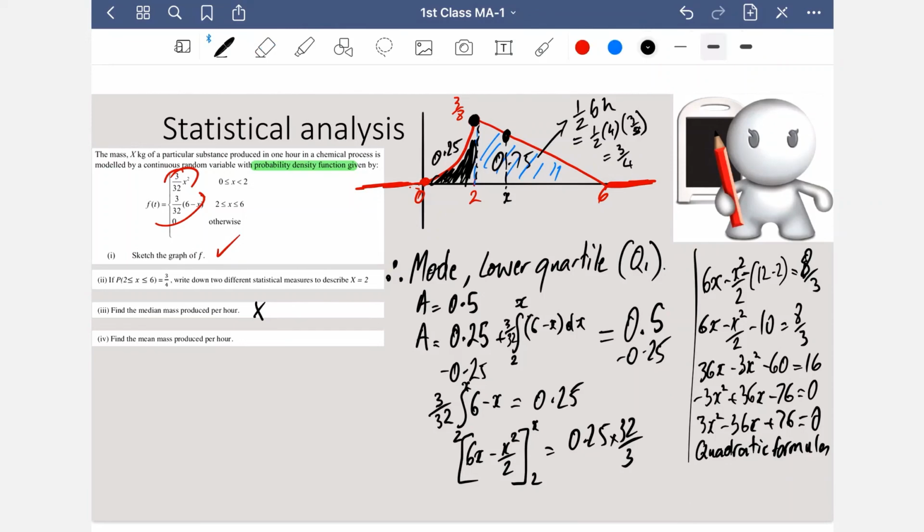So let's have a quick look. So we're going to get x is equal to 36 plus the square root of 384 over 6, and we're also going to get 36 minus the square root of 384 over 6.